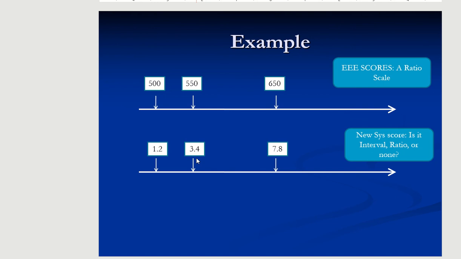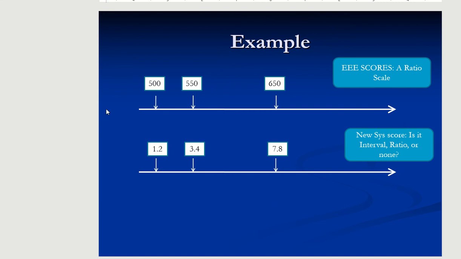Let's ask ourselves. The distance from 3.4 to 7.8 is 4.4 steps, whereas the distance from 1.2 to 3.4 is 2.2. So you notice that the distance here is double the distance here, and therefore you can conclude that this is an interval scale.